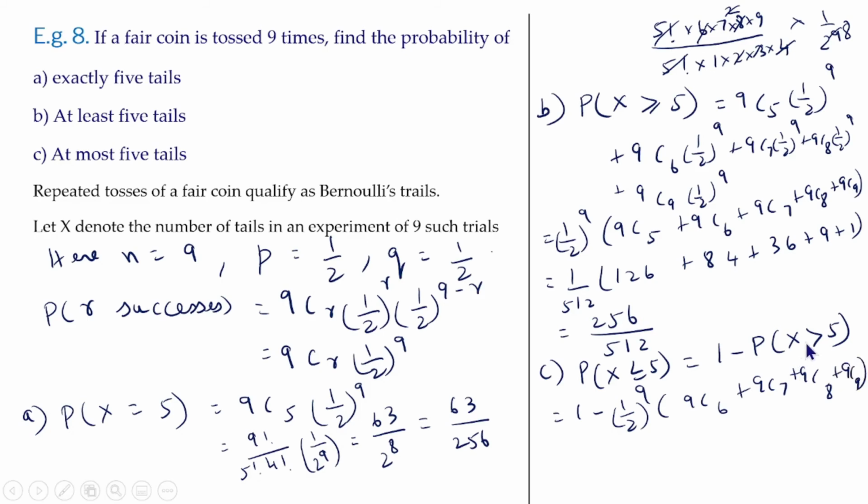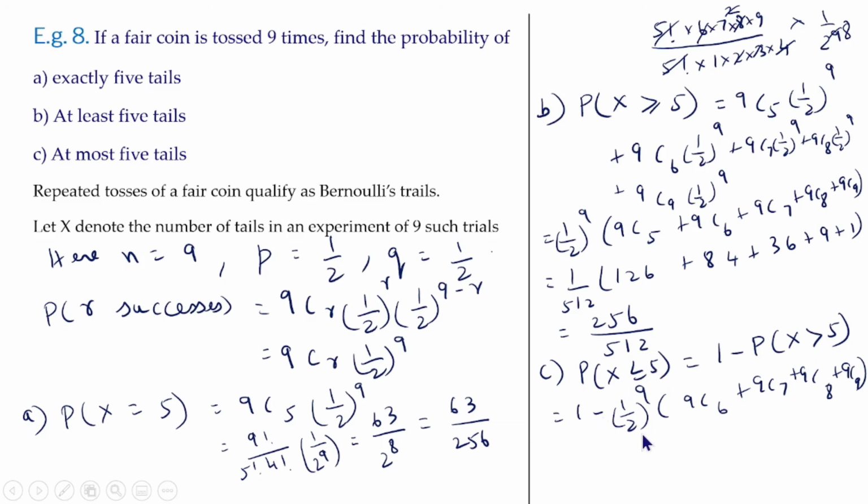So x greater than 5 means we have to substitute r as 6, 7, 8 and 9. So it will be half the whole raised to 9 into the sum of all these. We just now found 9C6 is 84, 9C7 is 36, 9C8 is 9, 9C9 is 1.